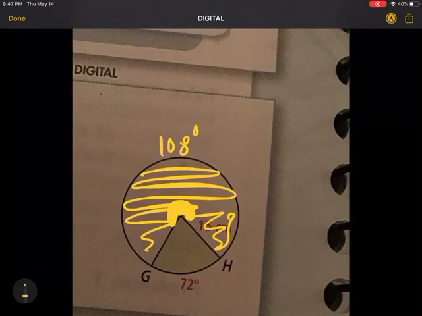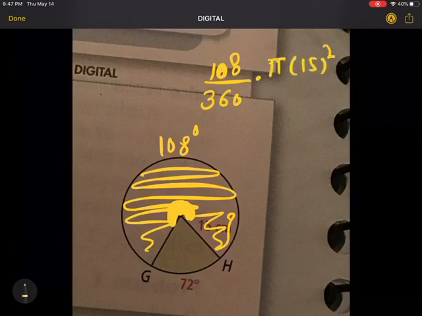If I ask you for that slice, what I would do is, again, my central angle, which is 108, divided by 360, times pi. R is still 15, so 15 squared. If you simplify the whole thing, that would be your answer. Let me just do it for you.